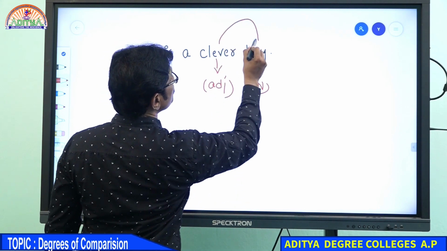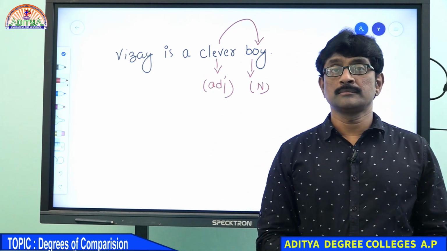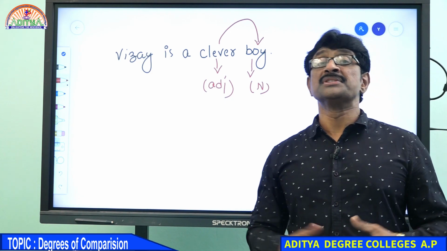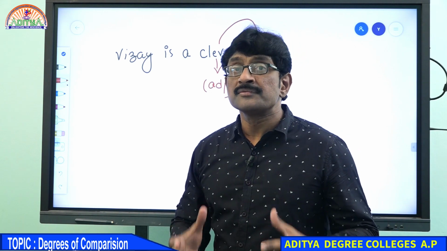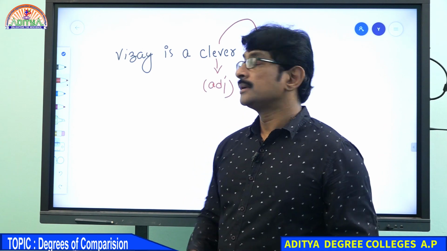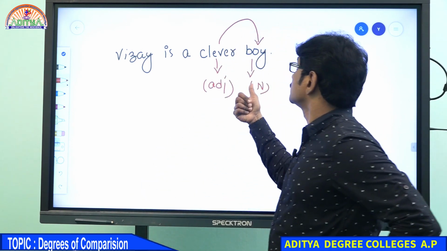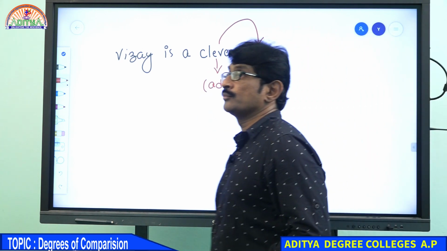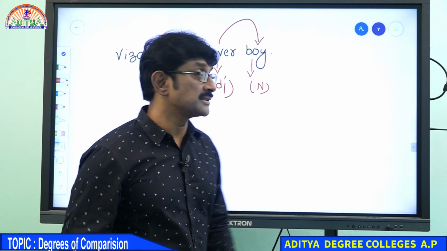With the help of the word clever, you can clearly identify Mr. Vijay. Like this, we use adjectives. Let us take another example.